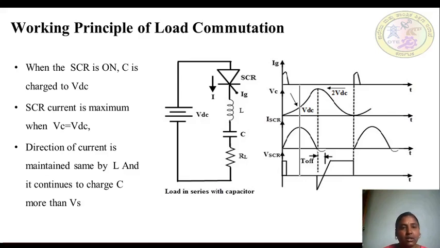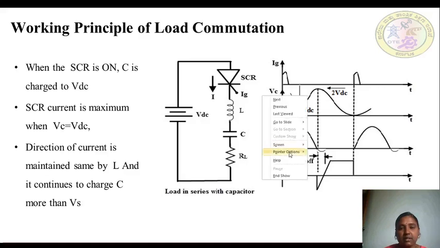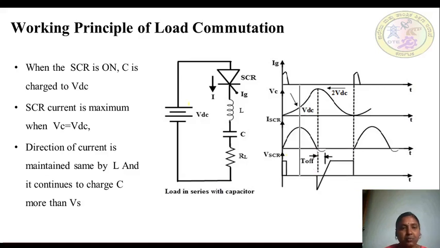So when the SCR is on, the capacitor is charged. Once you give a gate pulse, the gate pulse is being given here at this point. Once the gate pulse is given, current starts to flow through this circuit. As a result, the same current is going to charge the capacitor also.